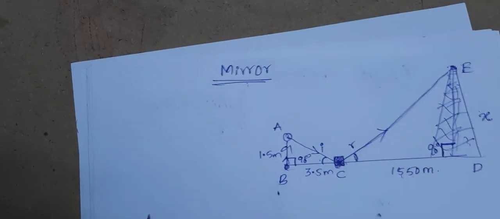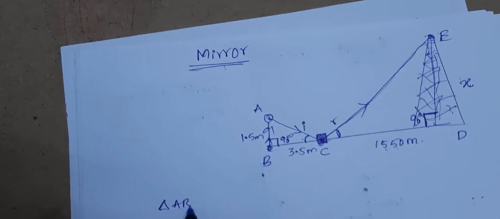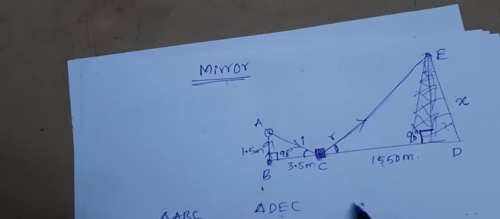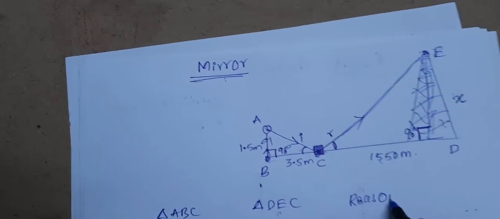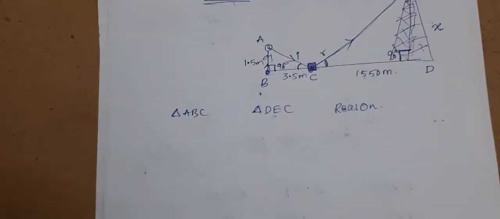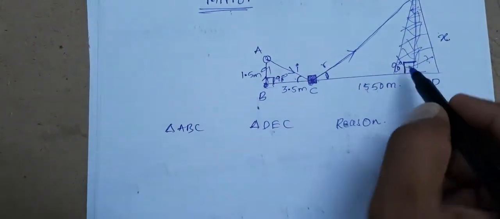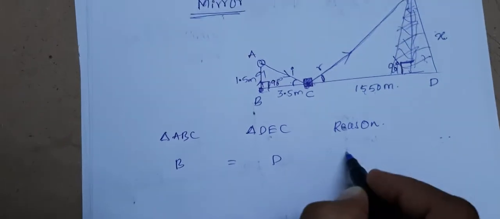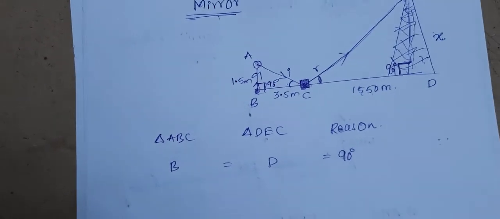That is a good concept. Then take the triangles ABC and EDC, and write the reasons, right? Next, angle B equals angle D, reason: right angle, 90 degrees.